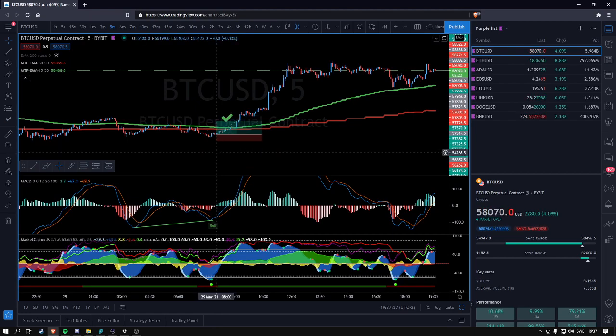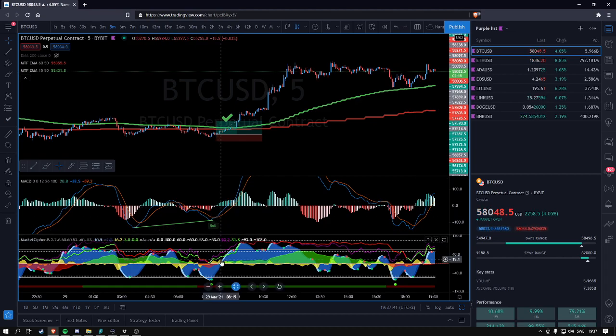And if we look at market cipher B, we can see that the money flow is curving up from the negative into the positive, meaning, well, money is coming in, so it might be a good time to buy.